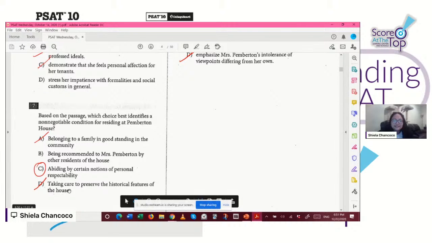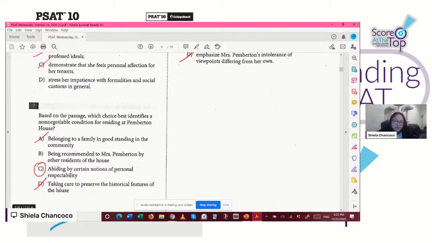This is completely out of context, so definitely eliminate. Let's look at B. I was between B and C, and I see a lot of people would put B, being recommended to Mrs. Pemberton by other residents in the house. To me, that one was completely out of context as well, and there's nothing in the passage that said that. Maybe A, if you were reaching for a context on why she would put forth the terms. But C is the better answer.